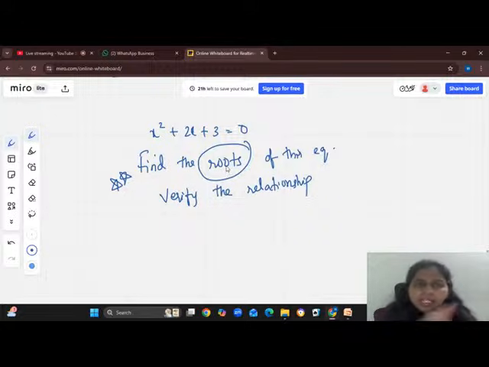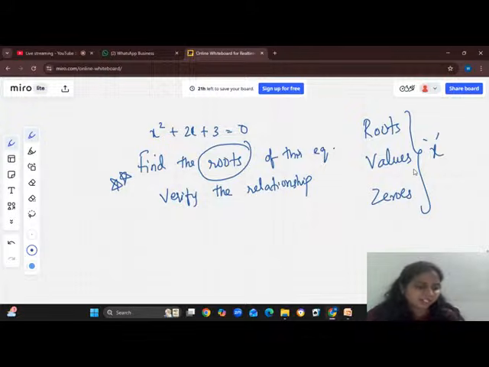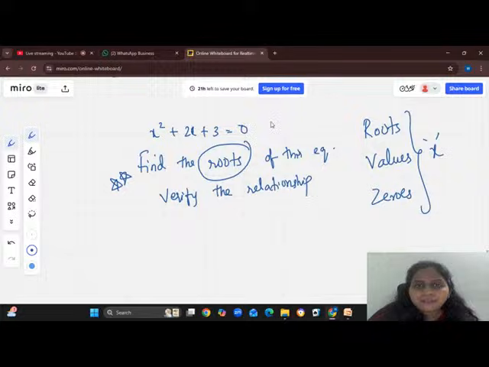So find the roots. Roots means what? Again, don't get confused, my dear students. See, roots, values, zeros, all are nothing but the values of x only. Okay, just the names are changing here. All right. So if you find out by factorization, you have to find out the values of x.